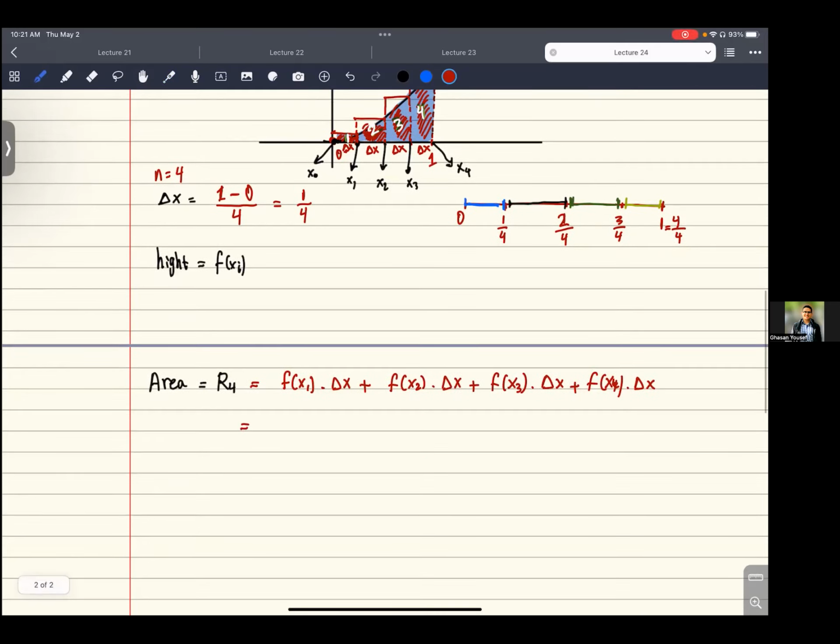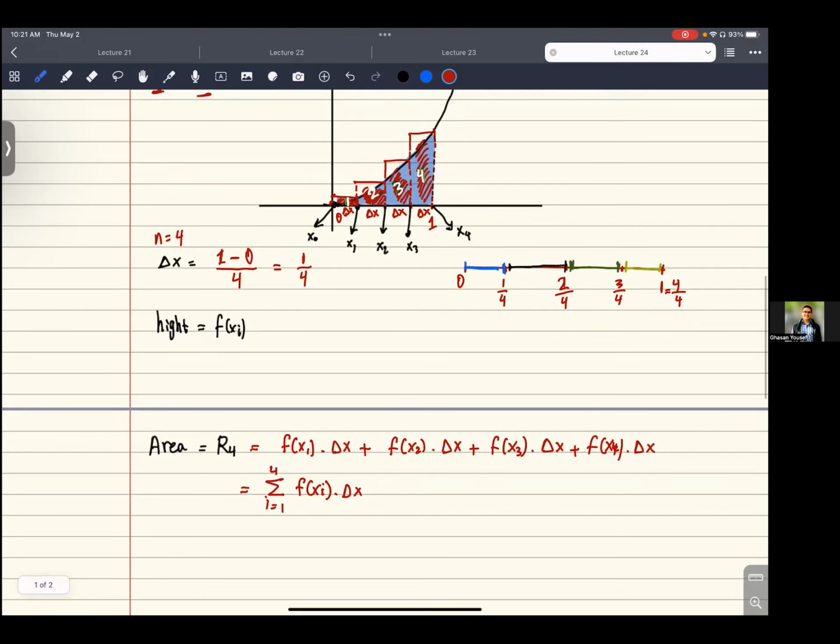Or if you want to use sum notation, it is the sum of f of xi times delta x from i equal 1 up to 4. Make sense? Any questions so far? Is it clear what I said before?